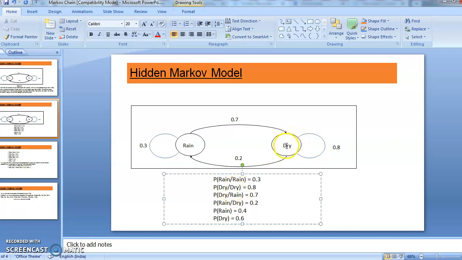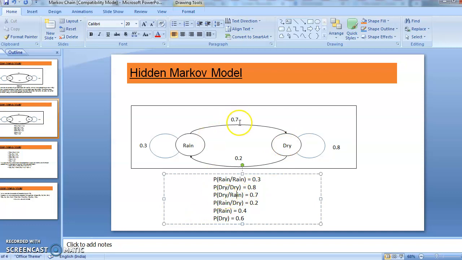Similarly, the initial state was dry, and after the state change the next state is again dry. The probability is 0.8. Now the initial state is rain, and after rain the state changes to dry.